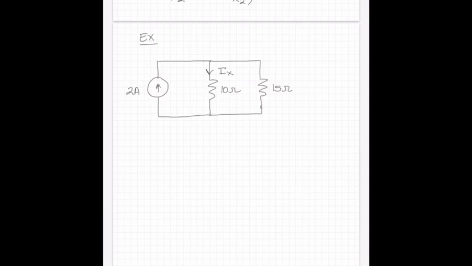Okay, so we're going to use the, and I didn't write this down, I'm so sorry. Let me write down the current divider equation.